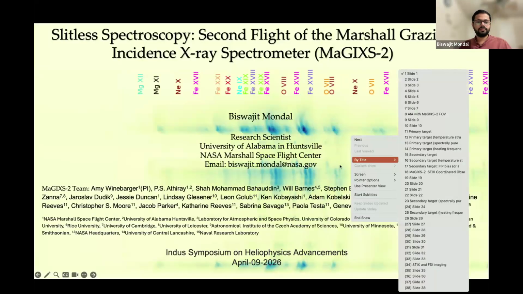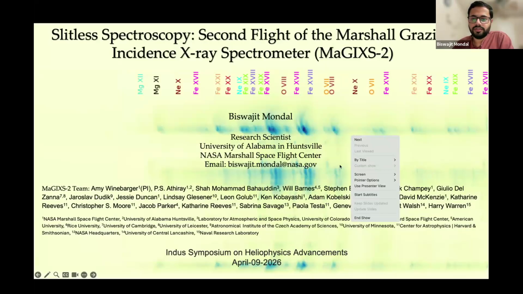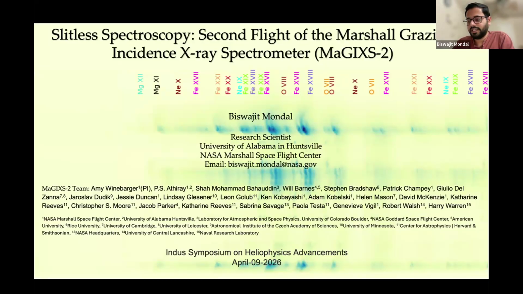Hello, everyone. My name is Bishwajit Mondal, and I am a research scientist at University of Alabama in Huntsville. Earlier, I was a NASA postdoc at NASA Marshall. So recently, it has changed. Today, I'll talk about slitless spectroscopy. In the background, you can see what a slitless spectroscopic image of the sun looks like, taken with the second flight of the Marshall Grazing Incidence X-ray Spectrometer.